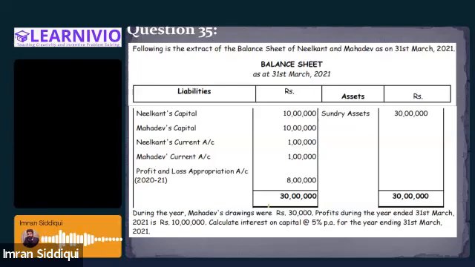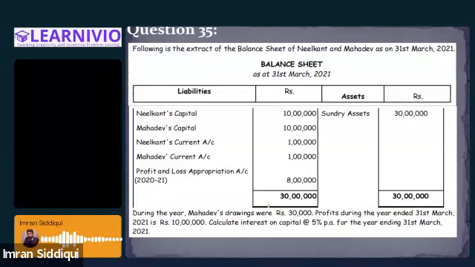And on the asset side, you can see we have sundry assets, which are not relevant for calculation of interest on capital. P&L appropriation profit is given as 8 lakh. During the year, Mahadev's drawings were 30,000, and profit during the year was 10 lakh. Calculate interest on capital at the rate of 5% for the year ending 31st of March.